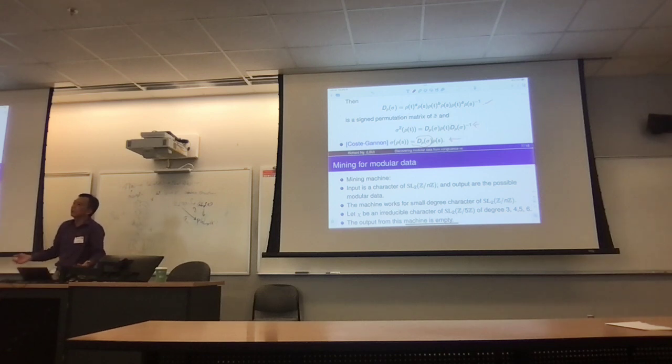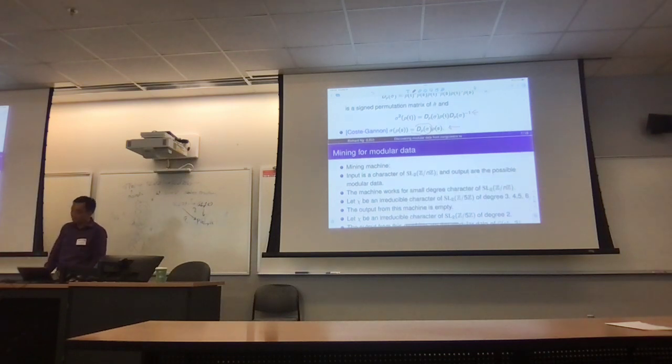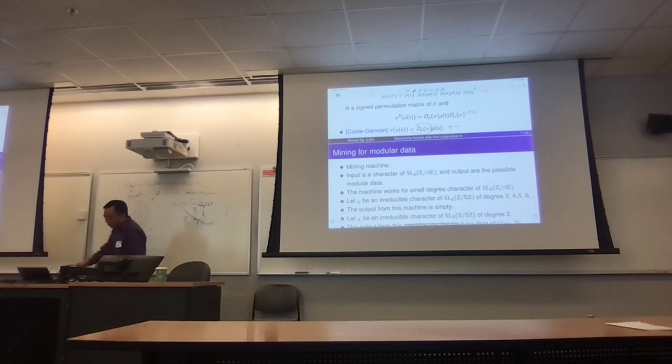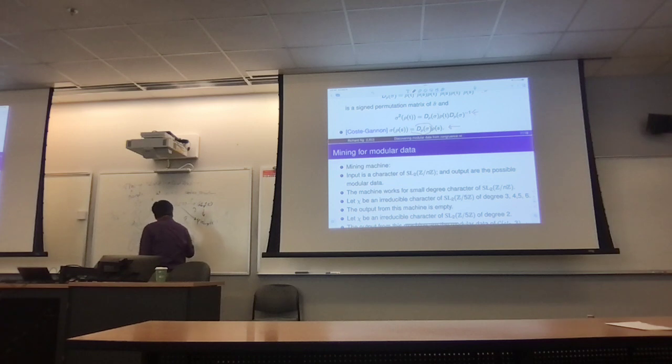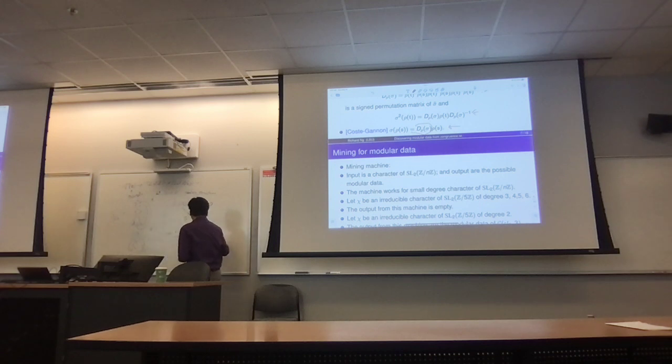The input is characters of the finite modular group. This is the input of the machine. This is my mining machine. I want to draw the picture here because I really like this machine. So the input is a character of SL2Z mod NZ, and the output I want is modular data.